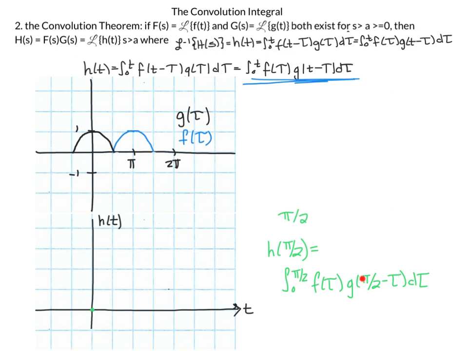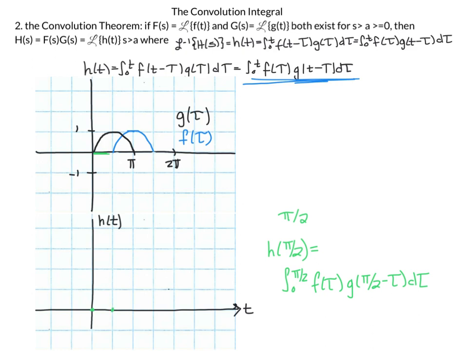Then looking at this g of pi over 2 minus tau, that means I need to shift my g function over by pi over 2. So I'll do that next. I'm going to shift this over pi over 2. And now I'm integrating from 0 to pi over 2. And here, whenever my g function is non-zero, my f function is still 0.